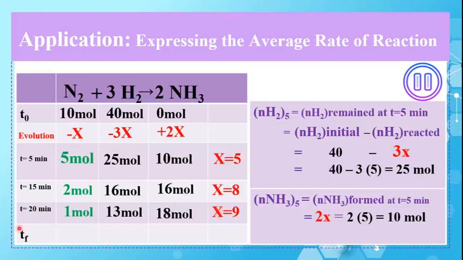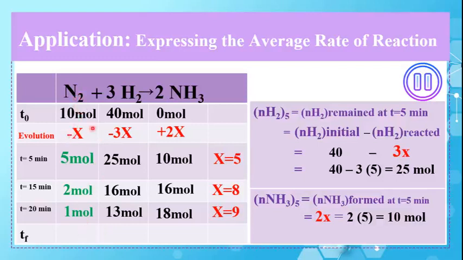Now, for T final, the end of the reaction, N2 will be totally consumed since the ratio of N2 is smaller than that of H2. Or by simply looking at these two numbers, we see that they aren't proportional to 1 and 3 as we've said before. So this N2 will be consumed totally and the number of moles of N2 will be equal to 0.